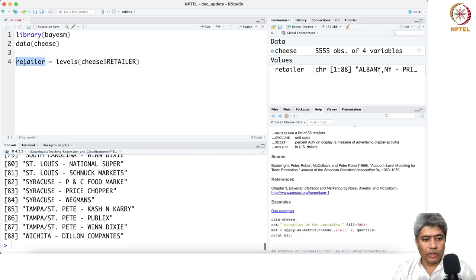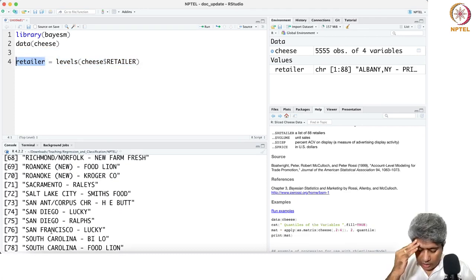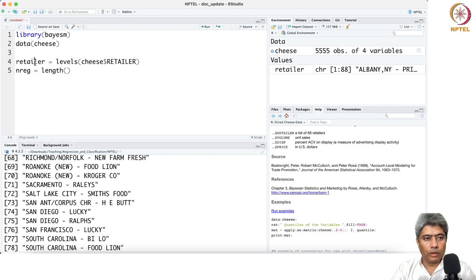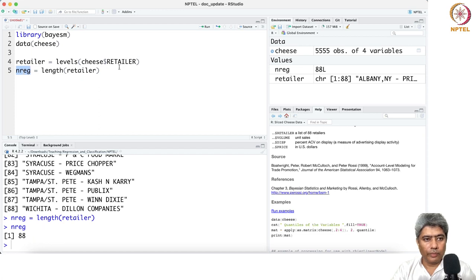You can see there are 88 different retailers available. So the number of retailers is 88.